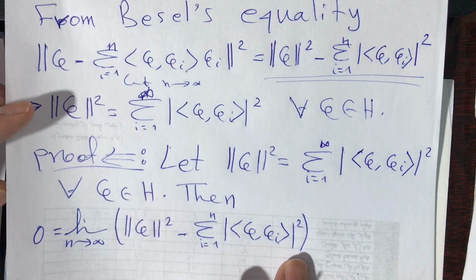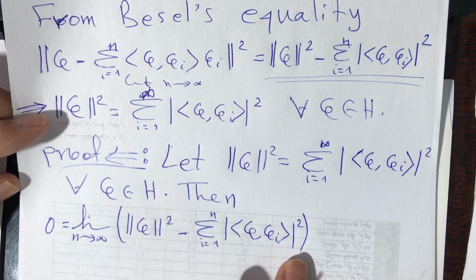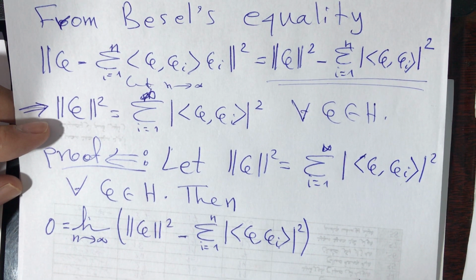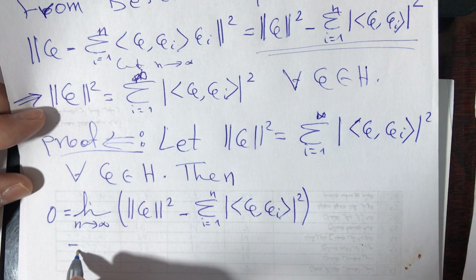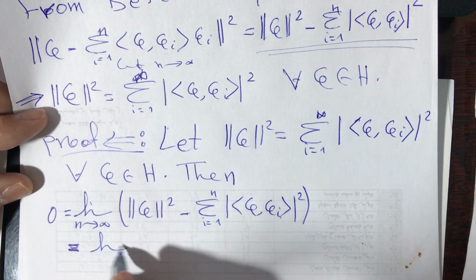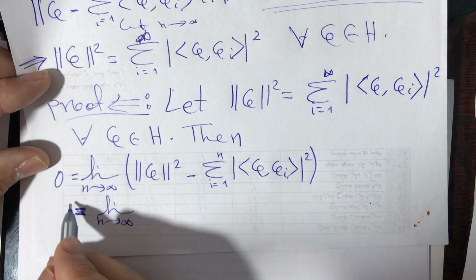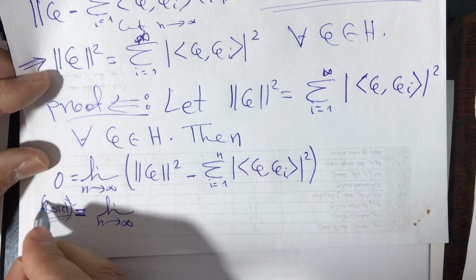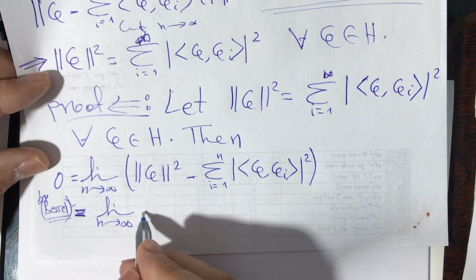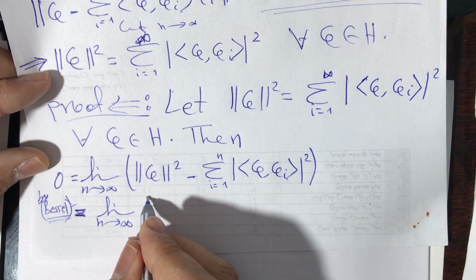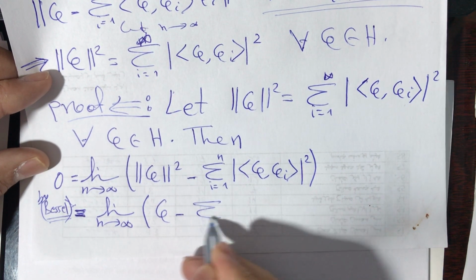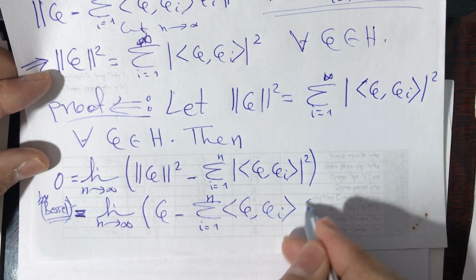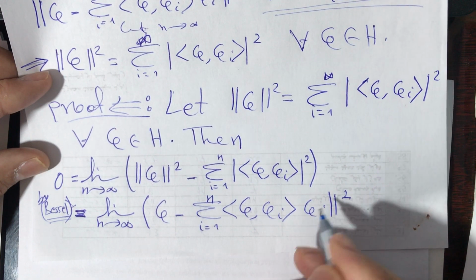Here we apply Bessel's equality. Now by Bessel's equality, this will be equal to the limit as n goes to infinity of the norm of phi minus the summation i from 1 to n of the inner product of phi and phi i times phi i, squared.